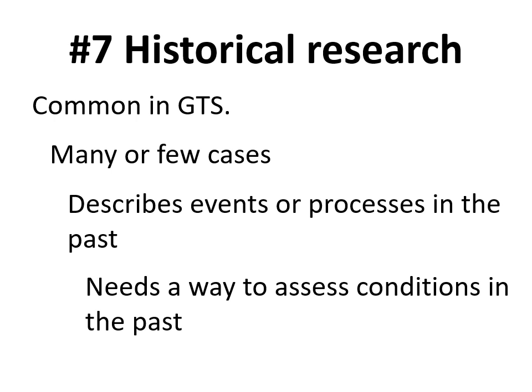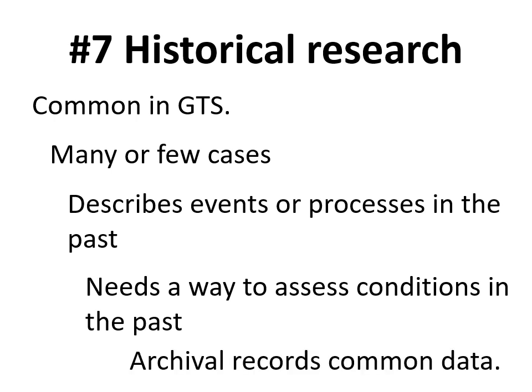This could be something like you look at old real estate records or you look at old newspapers. But you need some way to understand what happened in the past. And because we don't have a time machine, we have to rely on other proxy methods of understanding what happened in the past. And here, archival records are really common.